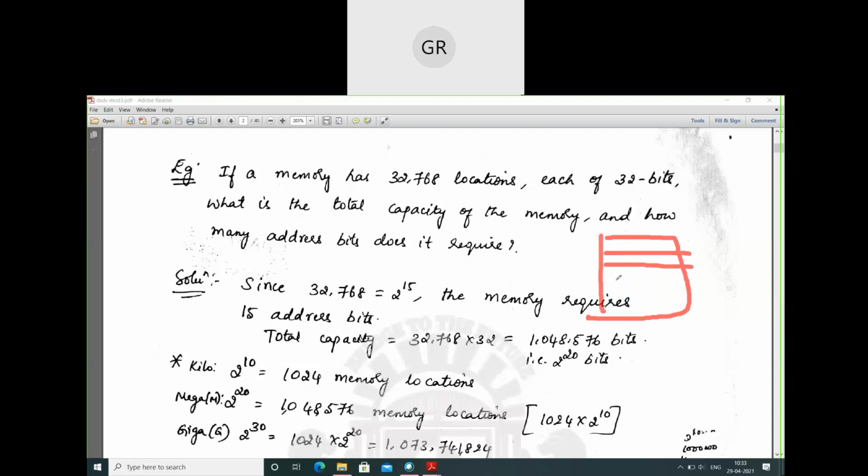The address of each location starts from 0, so here it is 0 to 32,767. Each location can hold 32 bits.